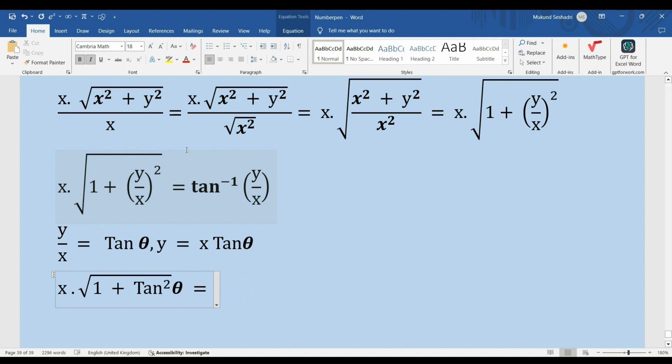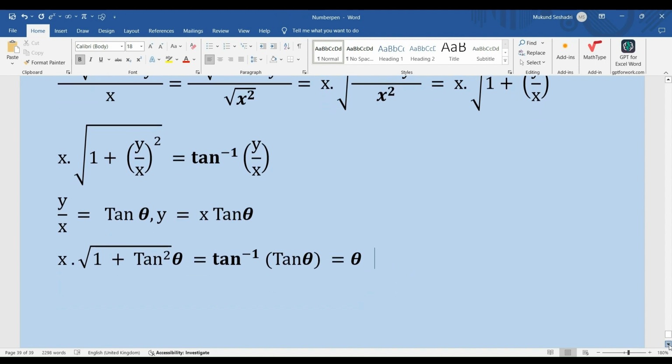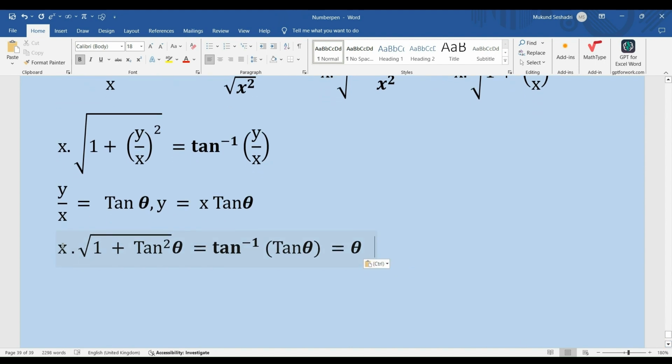And what is that equal to? My tan inverse of tan theta is but theta, right? So by making this substitution, y by x equal to tan theta, you now have x times square root of 1 plus tan square theta, which is my LHS, let me highlight it in yellow, equals theta, right?